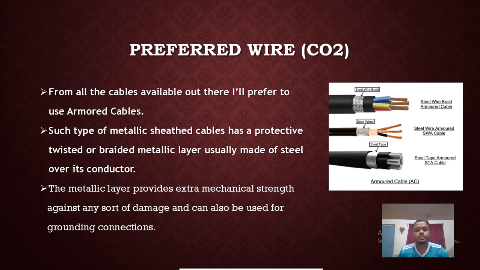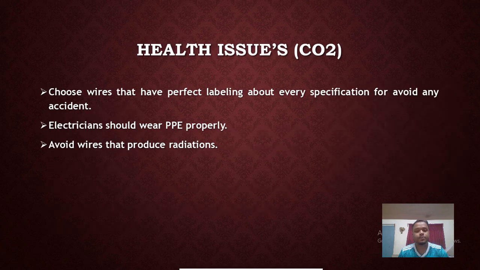This type of metallic sheathed cable has a protective twisted or braided metallic layer, usually made of steel, over its conductor. The metallic layer provides extra mechanical strength against any sort of damage and can also be used for grounding connections.